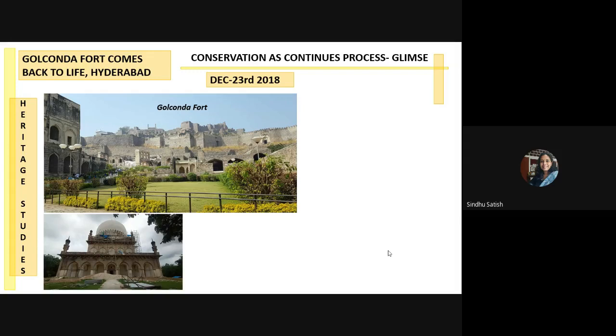Here, the conservation and landscaping efforts in the inner area of the Golconda Fort actually rewrote the history of the structure and left visitors spellbound, because they were not only making a lot of discoveries while trying to renovate this project, ASI, but the transformation of the restoration of a few buildings actually took them on a different course, and that happened because of the policy change. Now that's where it is important.